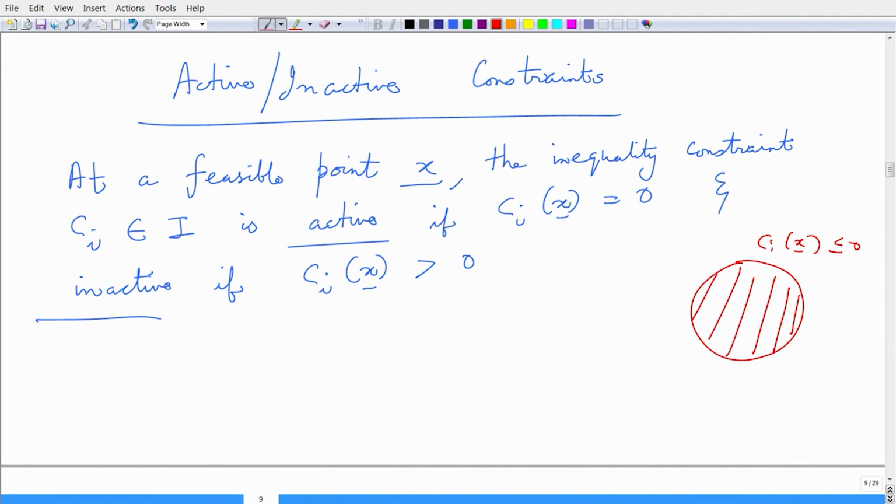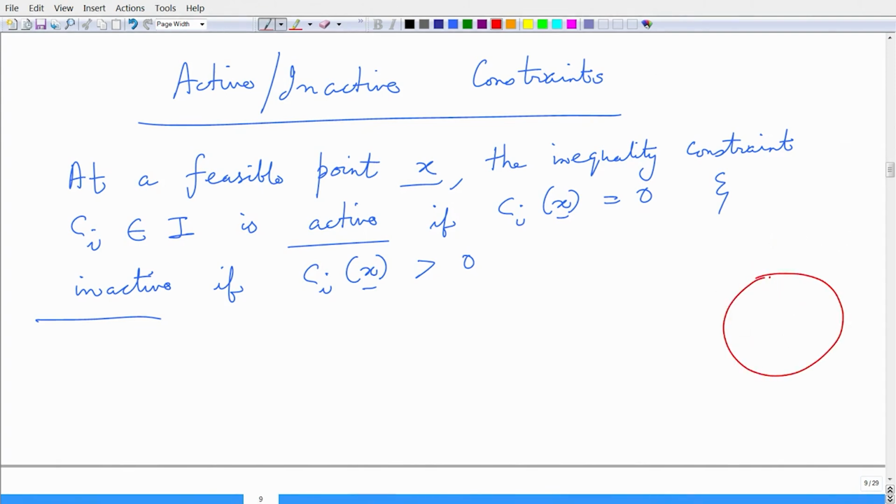So, let us imagine in this example maybe I flip this to have Ci of x greater than or equal to 0.